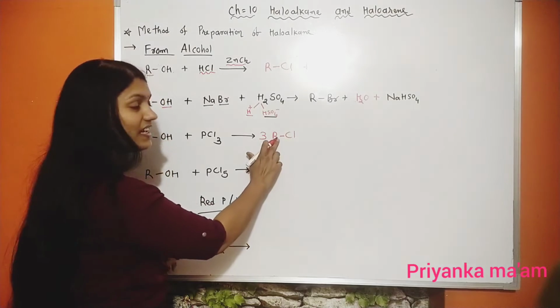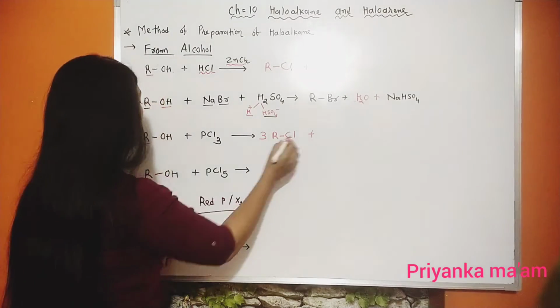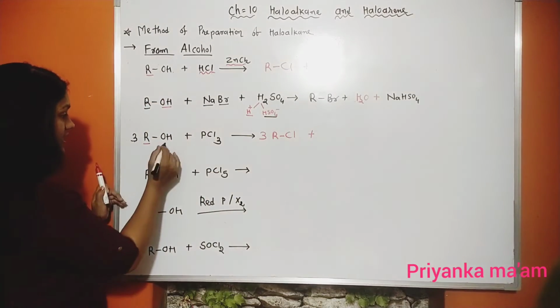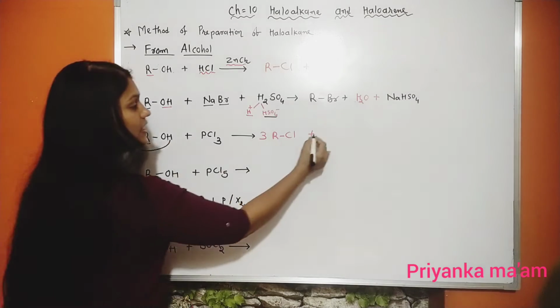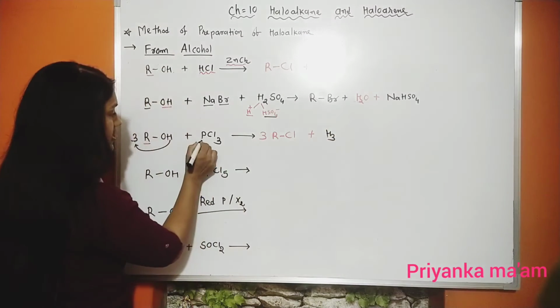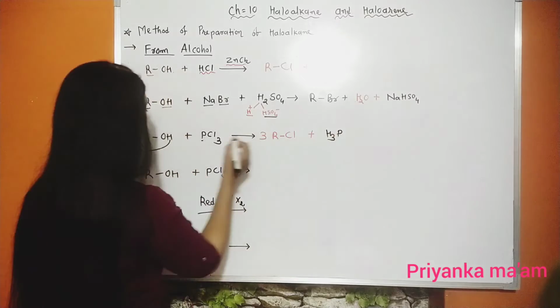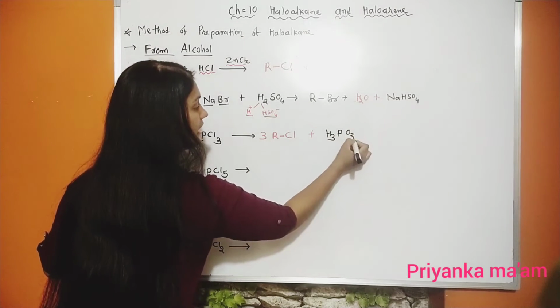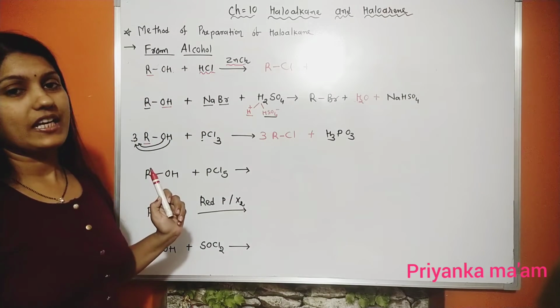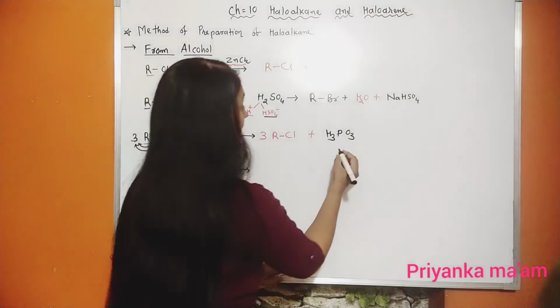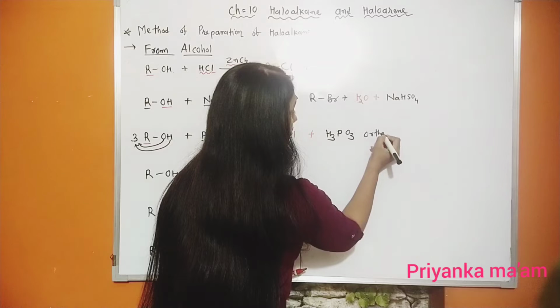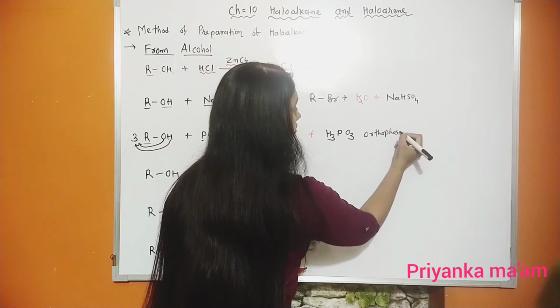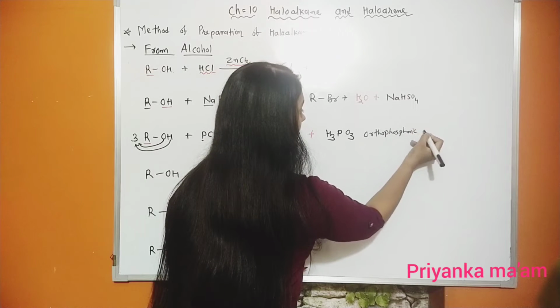So see here, haloalkane is formed, and the byproduct is, see here, hydrogen is 3, so H3. Phosphorus is 1, so P. Oxygen is 3, so O3. H3PO3 is called phosphorous acid.